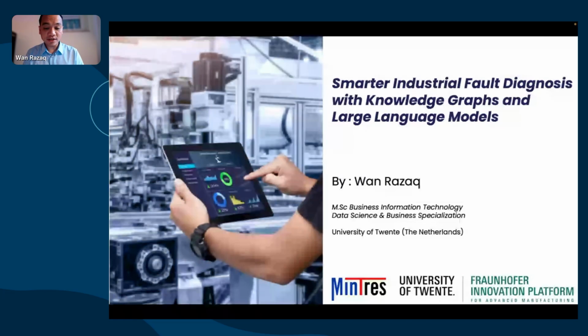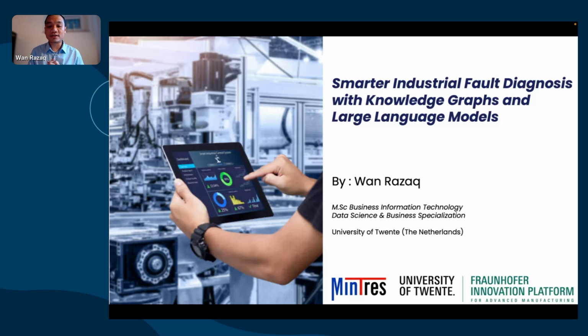This research project is part of my master thesis in the Business Information Technology program, University of Twente in the Netherlands. And the title is Smarter Industrial Fault Diagnosis with Knowledge Graphs and Large Language Models. Basically, the application of those two technologies, KG or knowledge graph and LLMs, for manufacturing companies, specifically for fault diagnosis of machines.